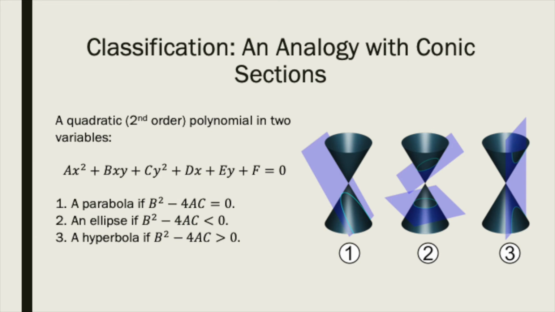The so-called discriminant of this quadratic determines the shape of the conic section. If b squared minus 4ac equals 0, then the conic section is a parabola. If this quantity is less than 0, you have an ellipse, or as a special case, a circle. If the discriminant is greater than 0, you have a hyperbola.